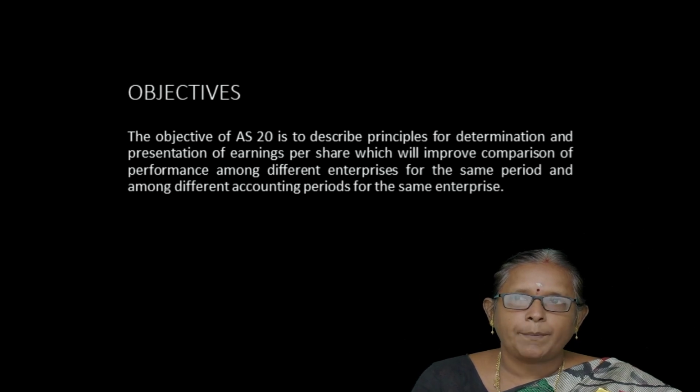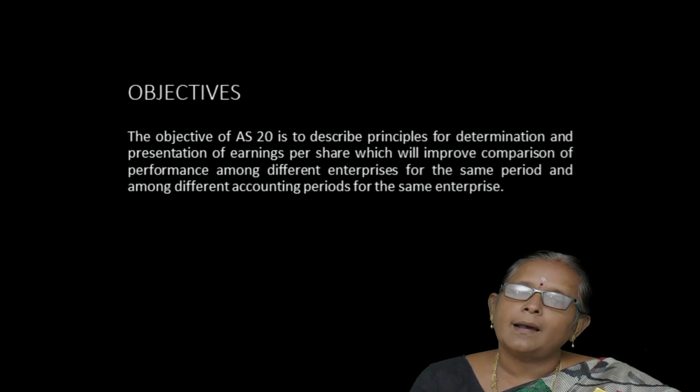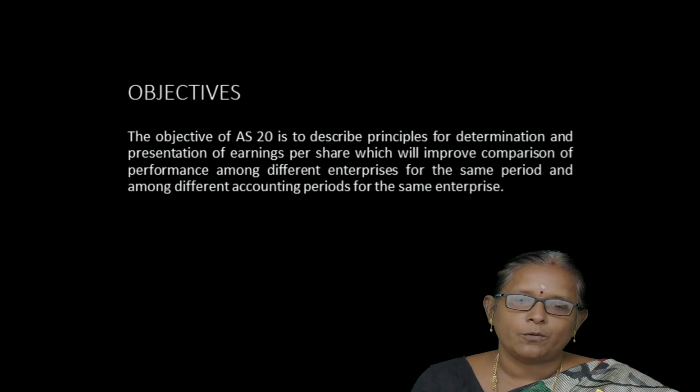Let us take one example. If there is a particular industry, maybe the IT industry, there are two companies, company A and company B. Now we can compare the performance of company A and company B for the financial year 2022-23, or we can compare the performance of company A for 2022-23 with its performance for 2021-22.